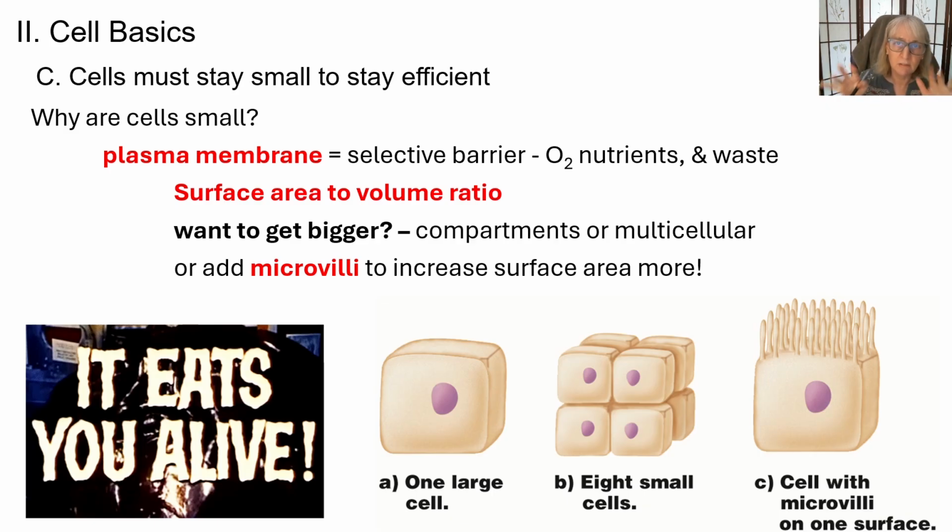Micro means small, and villi actually means little hairs or growths off of them. This allows the cell to have all of this extra surface area on top. But at some point, a cell can only maintain, I don't know, maybe about something you might be able to see with your naked eye, like a frog egg. But most of them must be too small for us to see, just to maintain their metabolism.